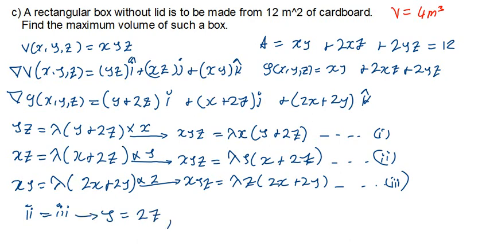When you equate equation 1 to equation 3, what you're going to end up with is, no, that's not going to be x equals to that. So our x will be equal to 2z.